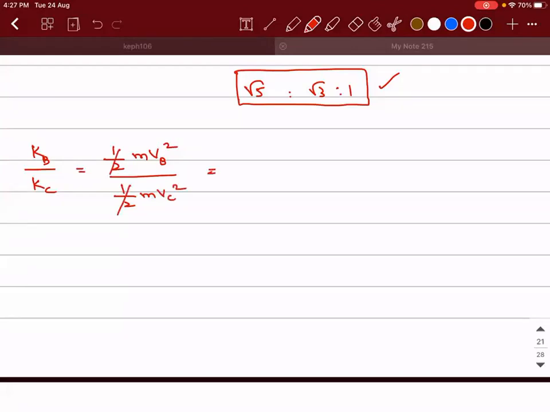Cancel, cancel. M and M are gone. VB square is 3, VC square is 1. So answer will be 3:1. So velocities will be in the ratio root 3:1, whereas kinetic energies will be in the ratio 3:1.